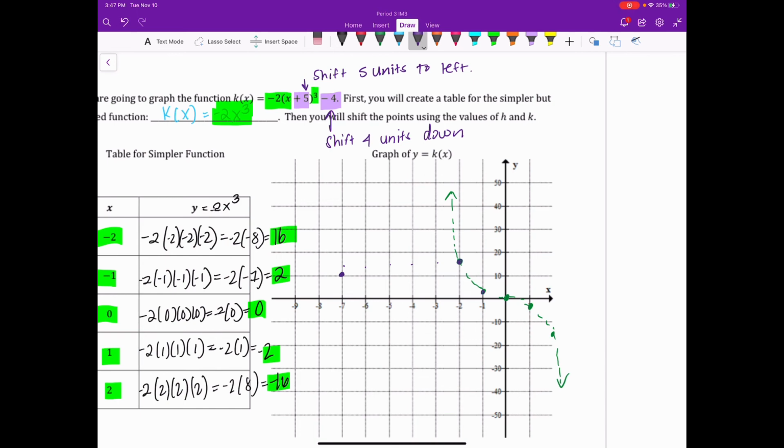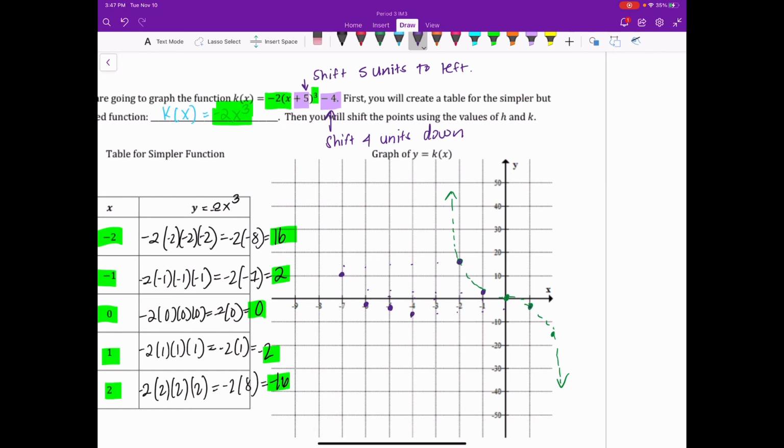And then I'm going to move this point 5 units to the left. 1, 2, 3, 4, 5. And then 4 units down, so somewhere over here. And then 0 is going to move 1, 2, 3, 4, 5, and 4 units down. So somewhere around there. And then this point, 5 units left. So 1, 2, 3, 4, 5. And then 4 units down.